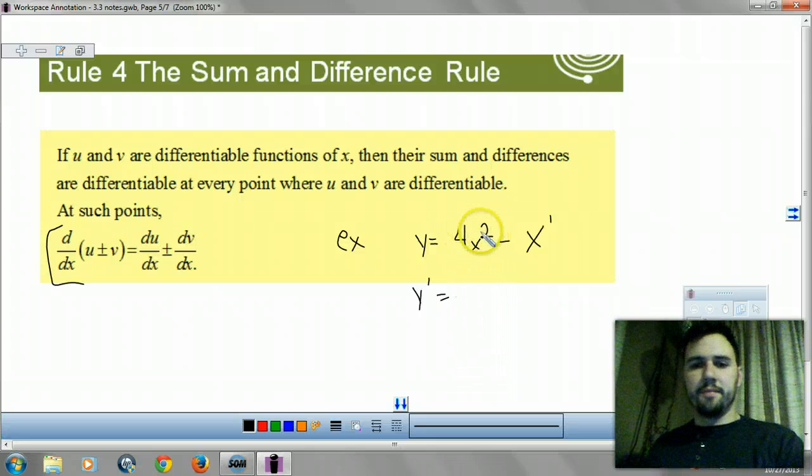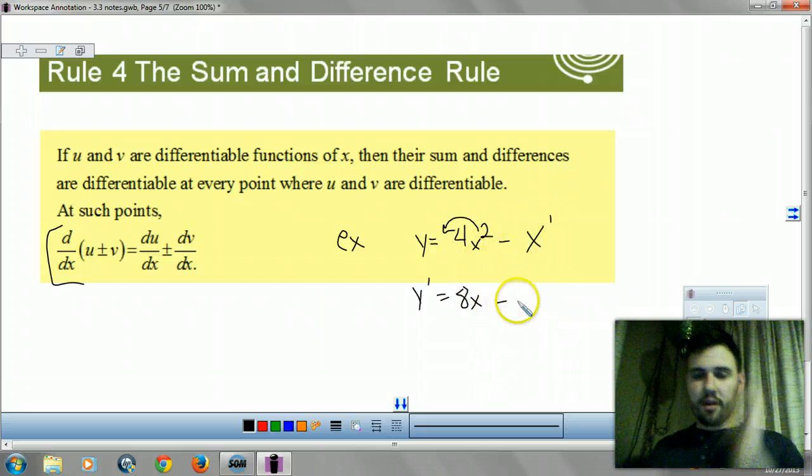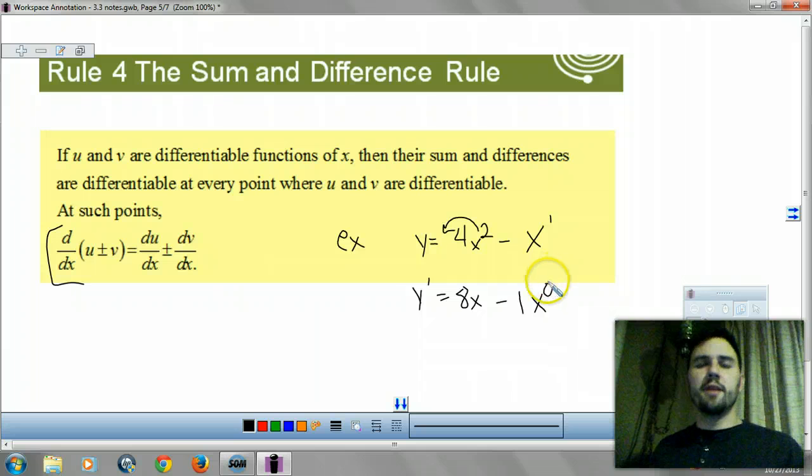So we get the 2 out in front, 2 times 4 is 8x to the first, minus, bring the 1 out in front, x to the 0, because 1 minus 1 is 0, so that just goes away, because that's 1. So it's 8x minus 1, okay?